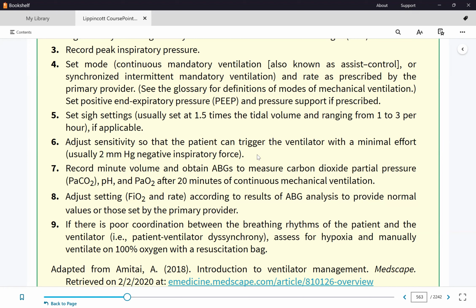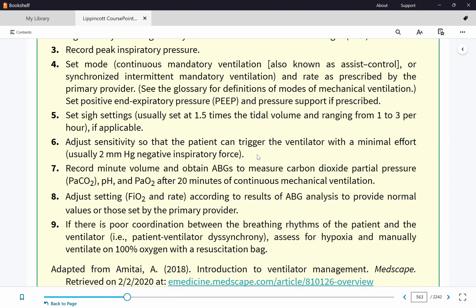Now, we only see a control mode in the OR, because imagine, Miss Simon, if let's say you're conscious right now, yeah? I put an endotracheal tube in your throat and set the ventilator to control, which means it's 100% in charge. You have no say in when you breathe.